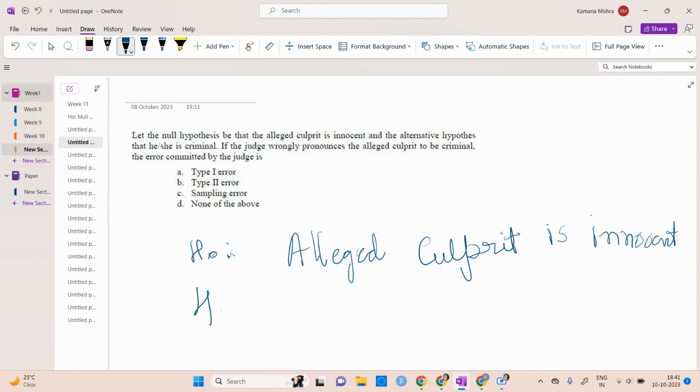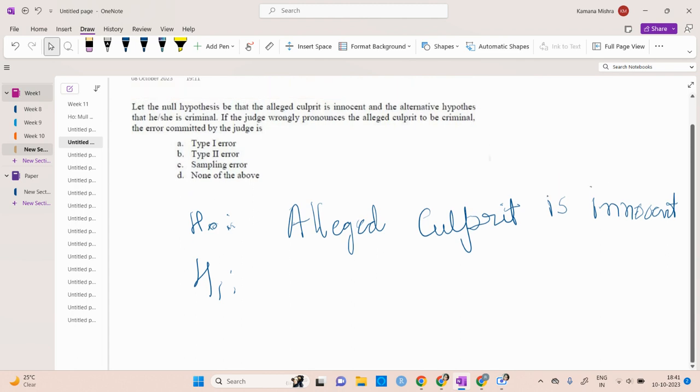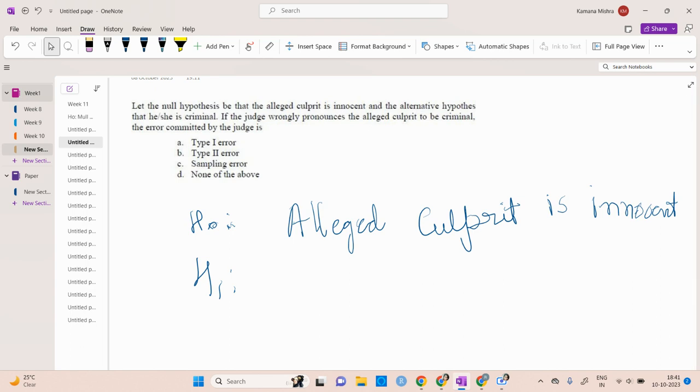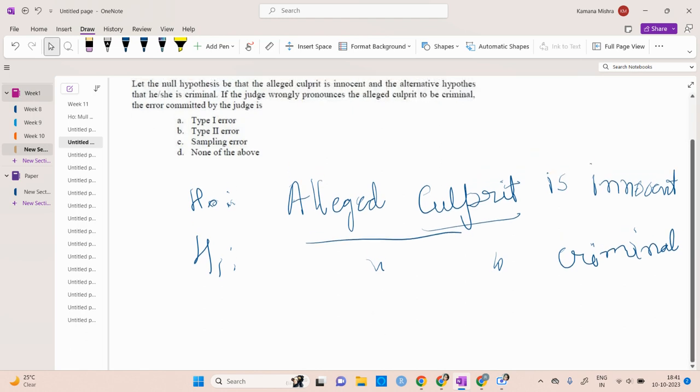And H1, the alternate hypothesis given here, is that he or she is a criminal. So this culprit is criminal, right? So if the judge wrongly pronounces, that means he did the wrong thing, that means there is an error, right?